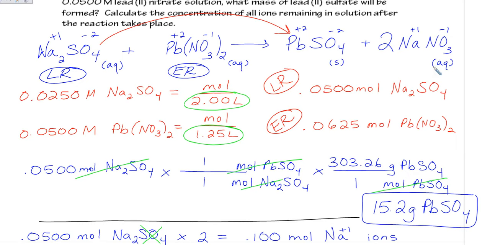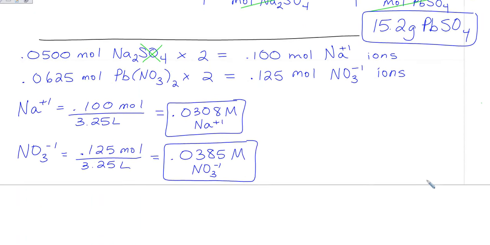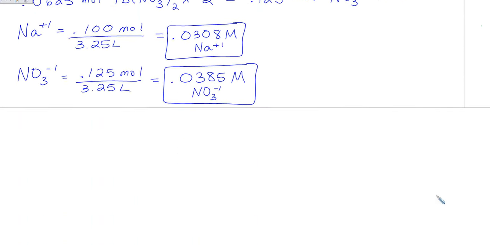So we can look at this really simply. It was a 1-to-1 ratio. So when these guys react together, if I had 0.05 moles of sodium sulfate, I'll react 0.05 moles of lead nitrate, and I have excess. So to find the amount of excess lead nitrate, all we have to do is subtract these two. And they're in moles, and that's good. That's kind of the unit that I want them in anyways. So let's do that. Here's the other guy.